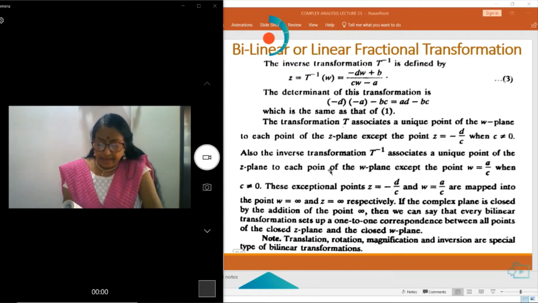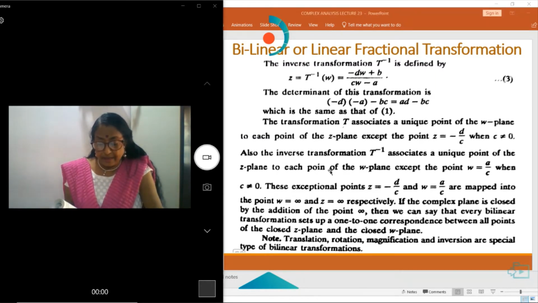The exceptional points Z is equal to minus D by C and W is equal to A by C are mapped into the points W equal to infinity and Z equal to infinity respectively.